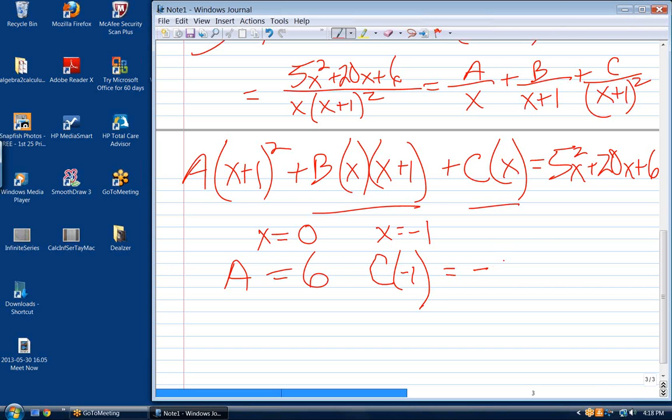So that would be minus 9. No, hold it. 5 minus 20 plus 6. Yeah, that's minus 9. Therefore, C is equal to 9.